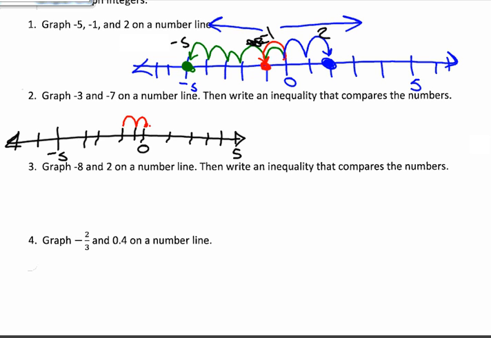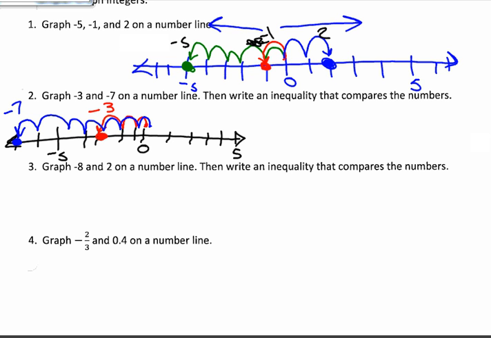Negative 1, negative 2, negative 3. And that's where my dot is going to go. For negative 7, we're going to again start at 0 and count. Negative 1, negative 2, negative 3, negative 4, 5, 6, and 7.